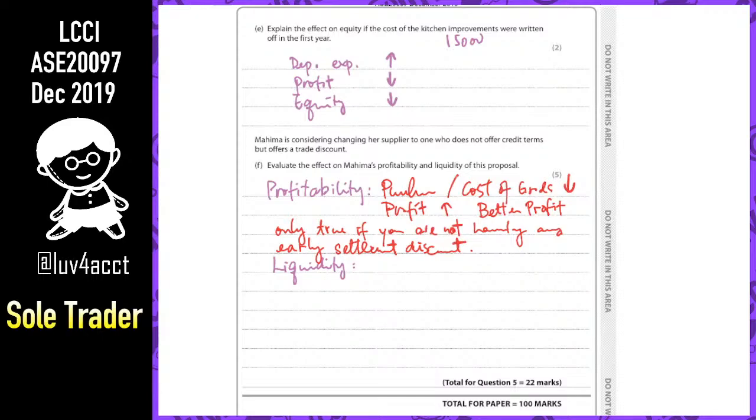Because you might have had credit terms and discount received before.